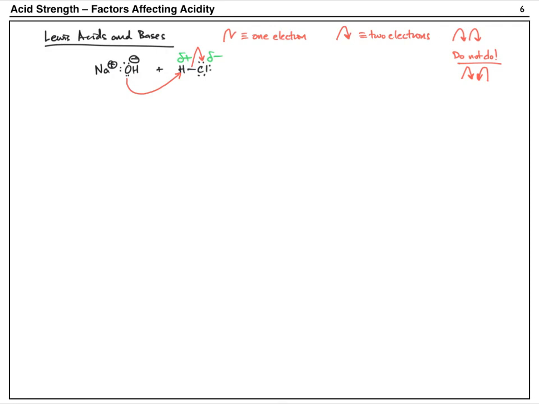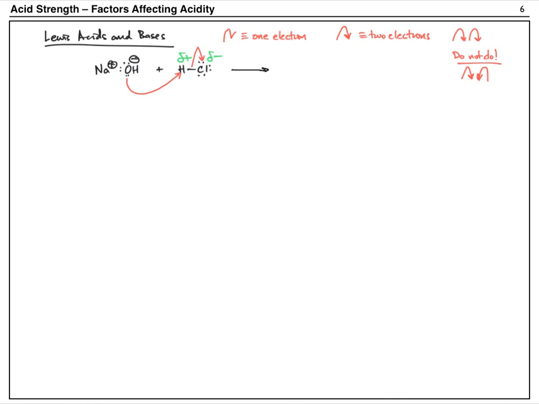So the reason that sort of does not make sense is because you're showing electrons going into the same place, and we know that from physics those things will repel one another. So we've matched the polarity. We're showing the base donating a pair of electrons, the acid accepting it.